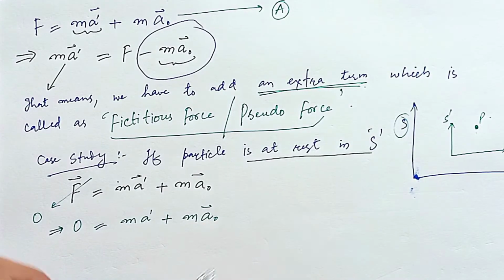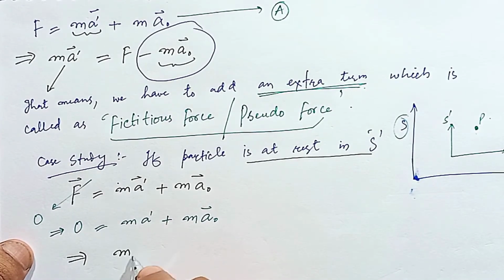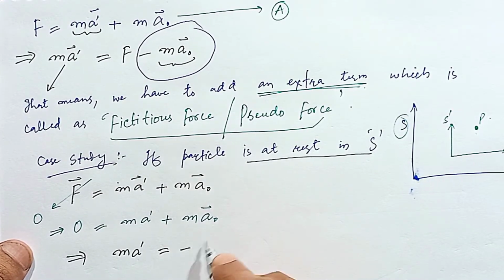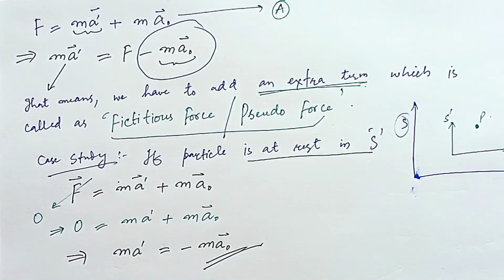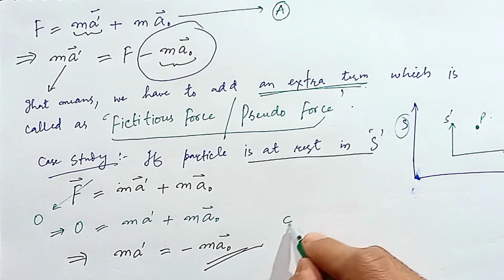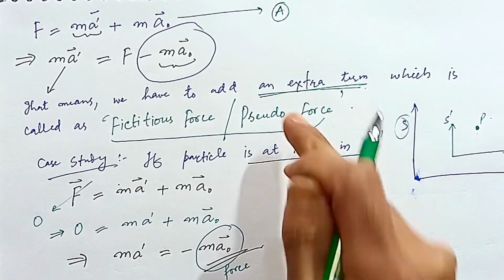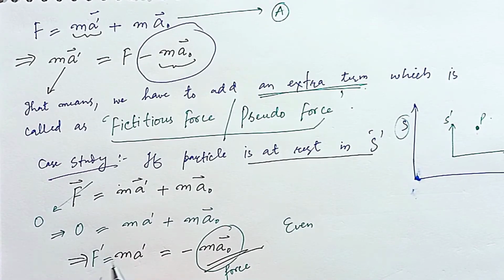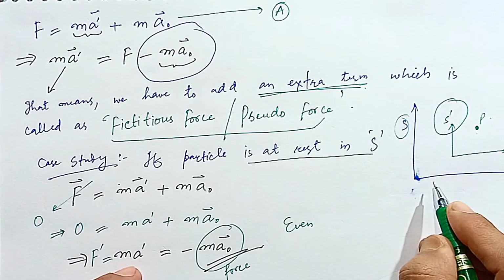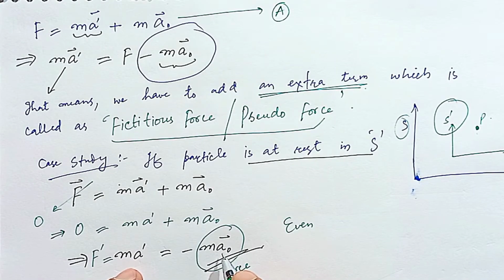On rearranging, we get m times A prime equals minus m times A naught. Here m times A prime is the force F prime experienced by that body in the frame of reference S prime, which equals minus m times A naught.